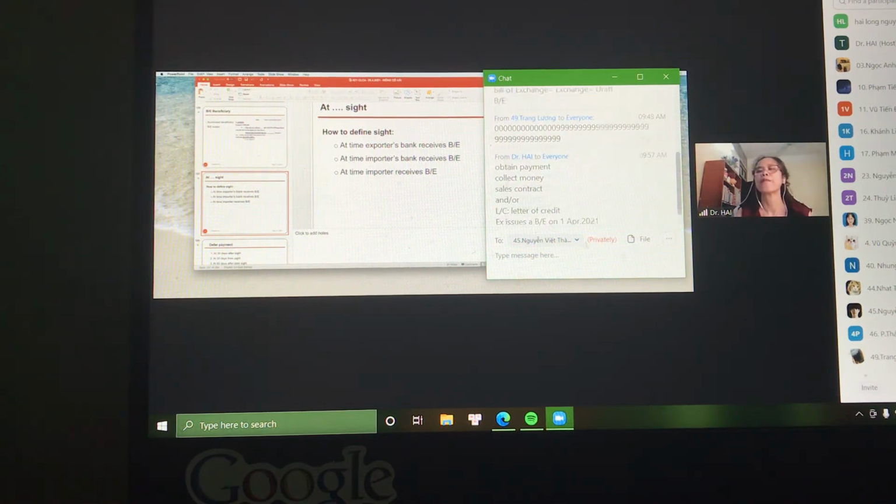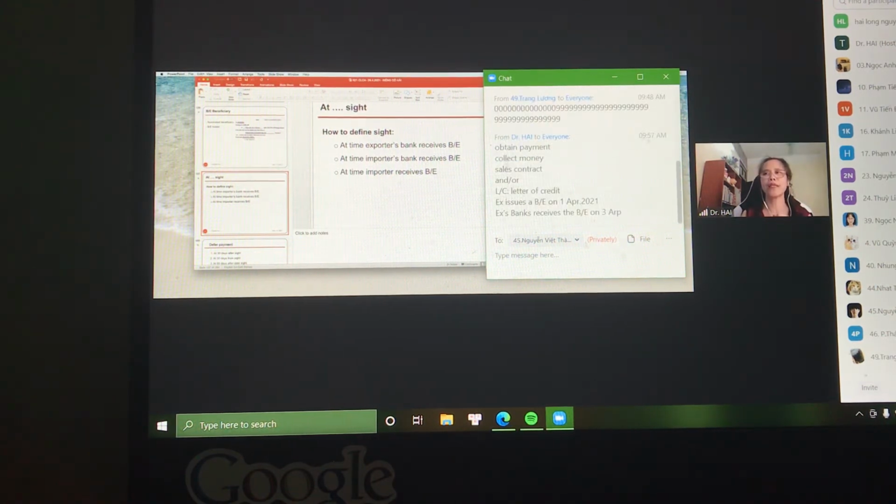The exporter's bank received the BE on 3rd, and then the exporter's bank transfers the BE to the importer's bank by post, by courier. So the importer's bank receives the BE on 10 of April, 7 days later.